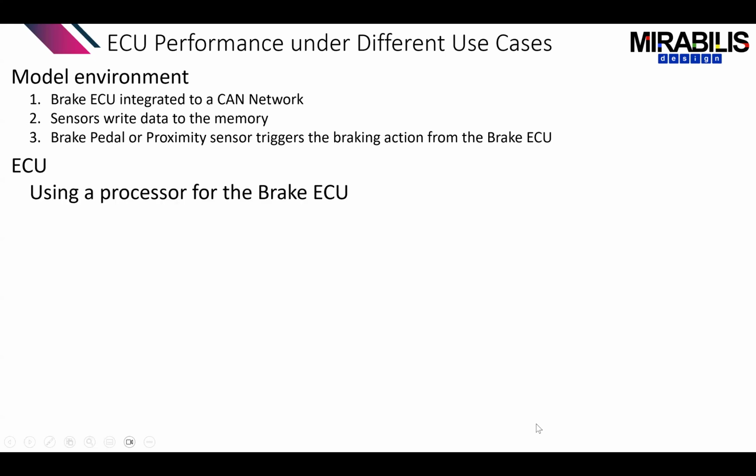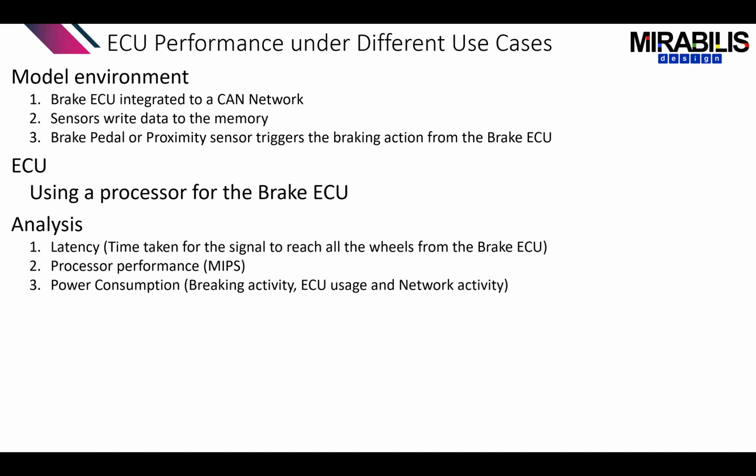Then you have the ECU itself, which has a processor for the brake ECU. Then you have the analysis, which is the time taken from when the brake pedal or the proximity sensor detects a potential hazard to when the brakes actually receive the trigger to apply so much pressure. Of course, across this whole system, how much power was consumed?